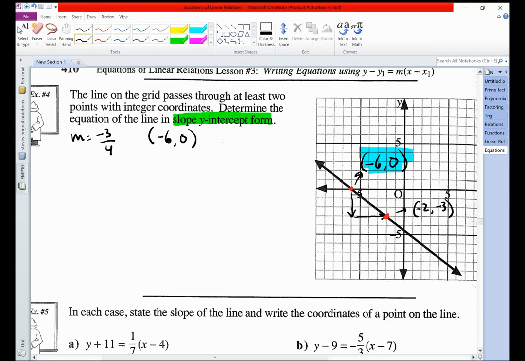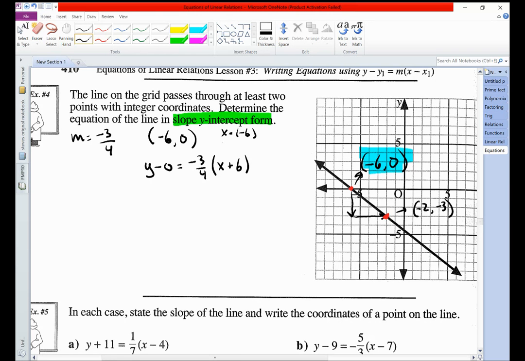So I can write the equation of the line in point slope form, and I can say y minus 0 is going to equal negative 3 over 4 times x minus negative 6, which when we subtract a negative becomes positive.